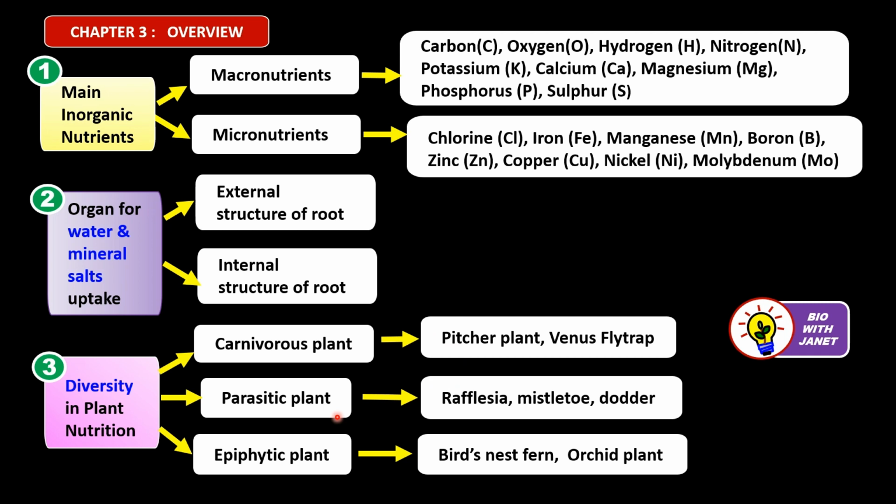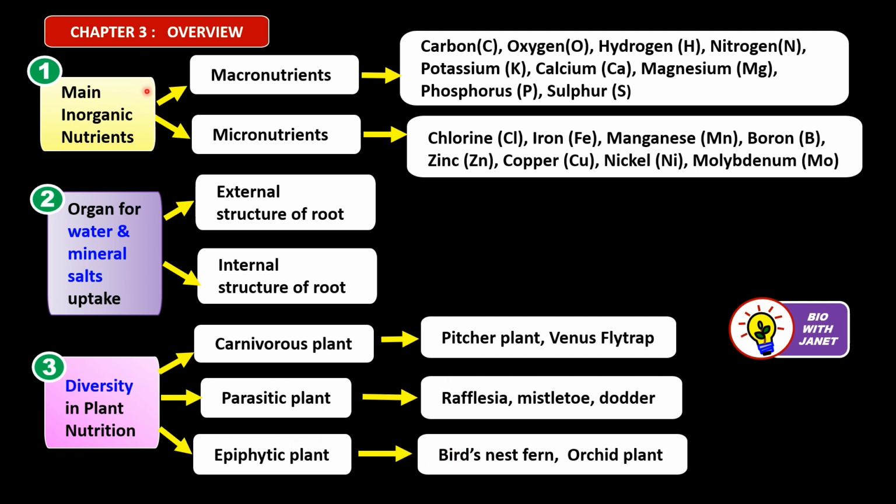Parasitic plants live on other living plants, examples are Rafflesia, mistletoe, and dodder. Then we have the epiphytic plants that achieve a higher height by growing on trees so that they can obtain more sunlight for photosynthesis. These are the bird's nest fern and orchid plant.